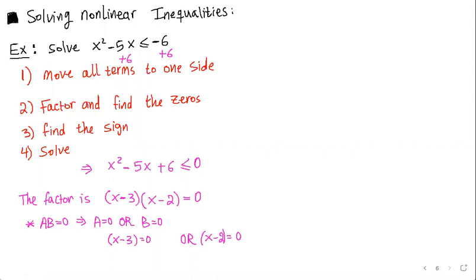To solve this linear equation, we have to add 3 to both sides. So I get x equals 3, or I add 2 to both sides here, x equals 2. So x equals 3 and x equals 2 are the zeros for this equation.